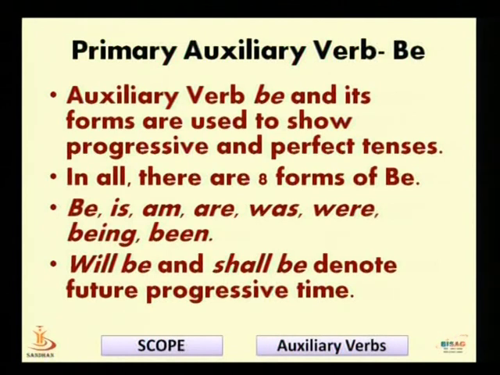Similarly, am is used only with I, as against are, which is used with the other forms, that is you, we and they. Was and were, I think, are very easy for you to remember. The primary function of these auxiliaries of be is when we want to make the sentence into negative or interrogative.